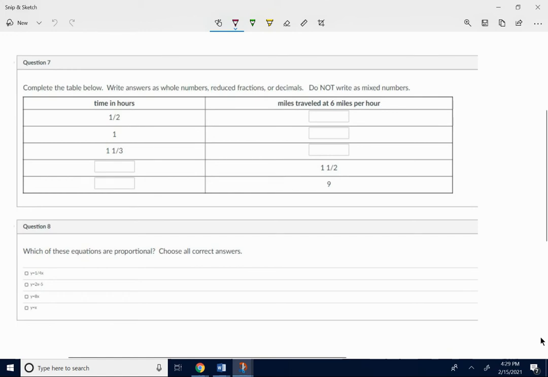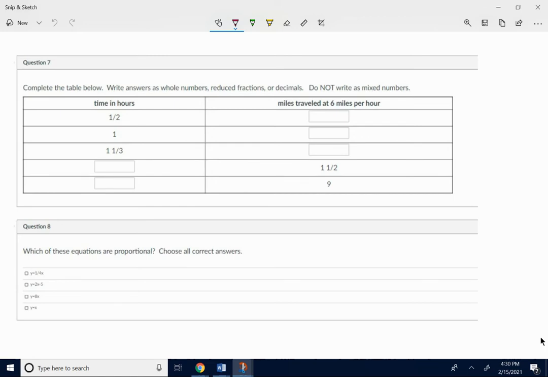7. Complete the table below. Write numbers as whole numbers, reduce fractions or decimals. Okay, miles traveled at 6 miles per hour. It would be a lot easier if you keep everything in terms of fractions.